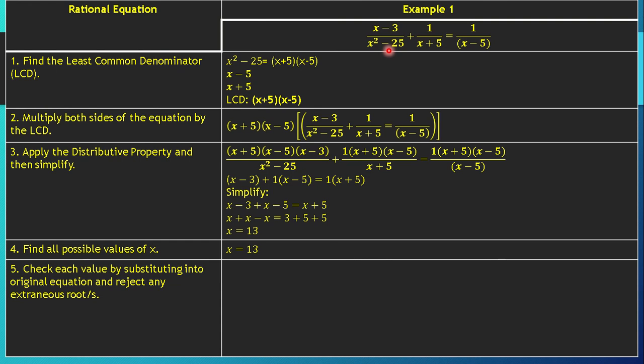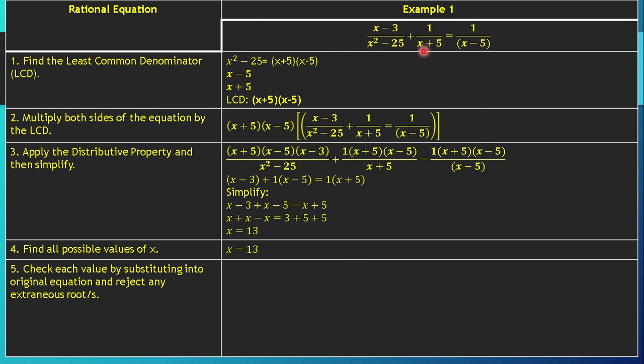Yung denominator ng first fraction natin ay x squared minus 25. So kung i-factor natin yan, since that's a difference of two squares, ang factors niya ay sum and difference of two terms. Kaya meron tayong quantity x plus 5, quantity x minus 5.